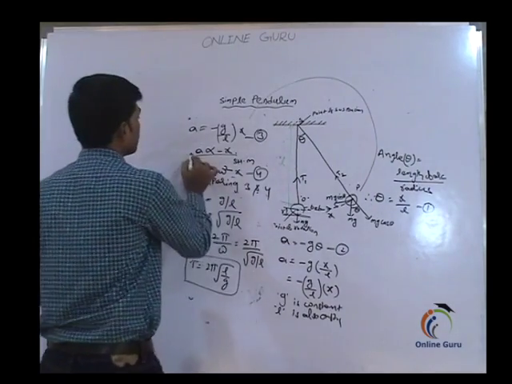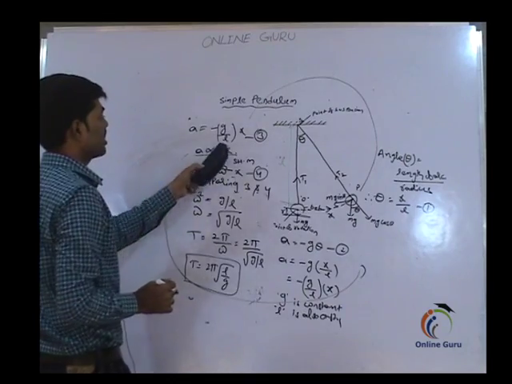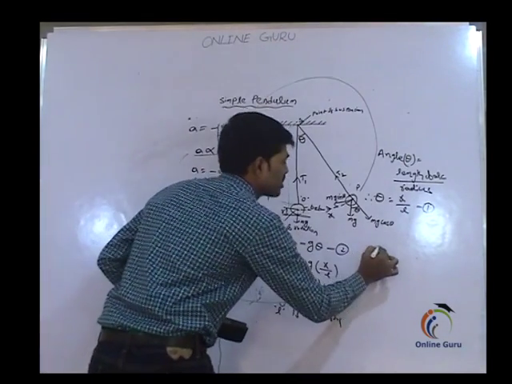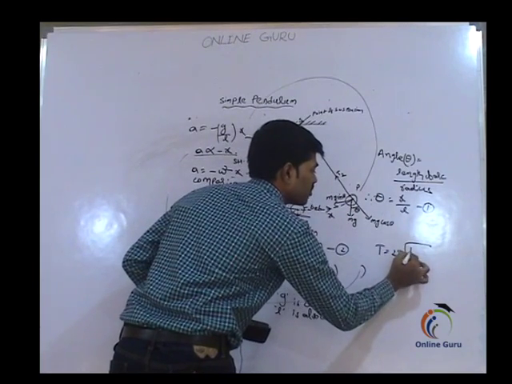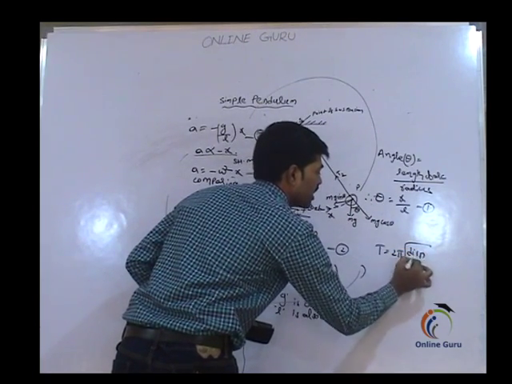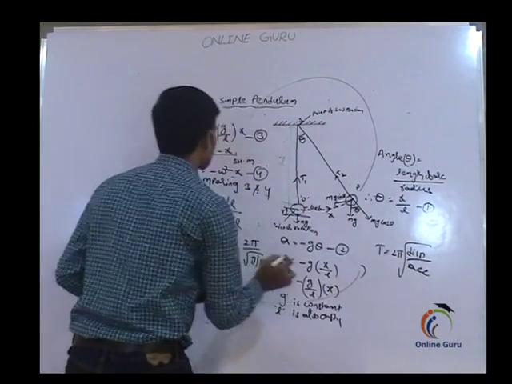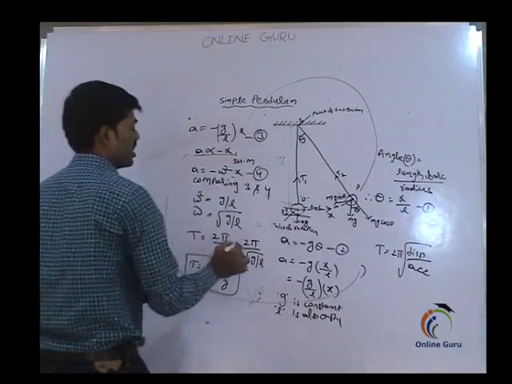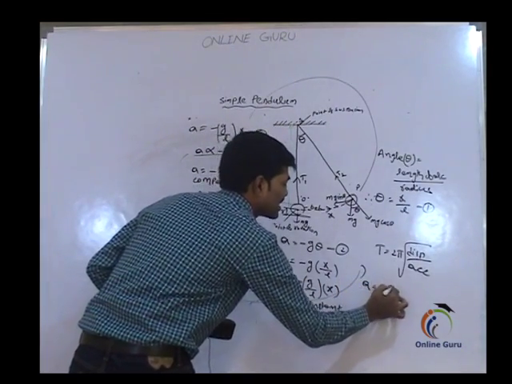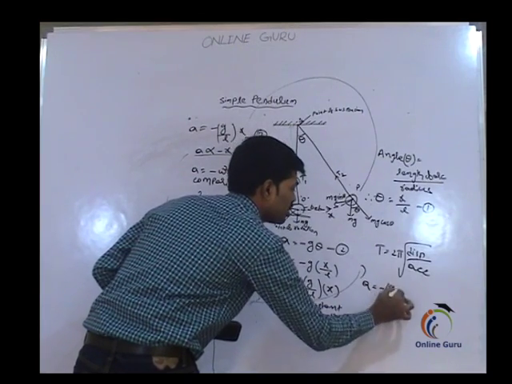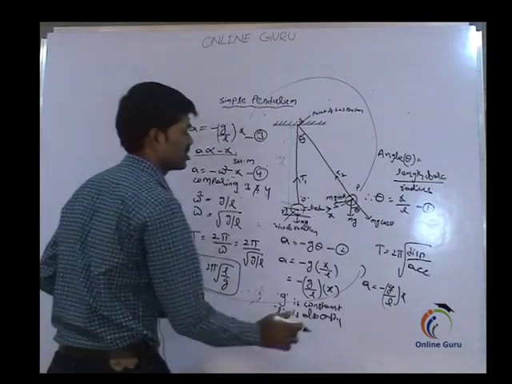Therefore, I can write this as acceleration directly proportional. From that, I can write time period is 2 pi under root of displacement by acceleration. So, from 3, a is equal to minus g by L into x, where x is the displacement and a is the acceleration.